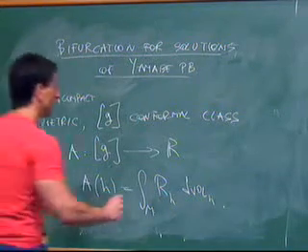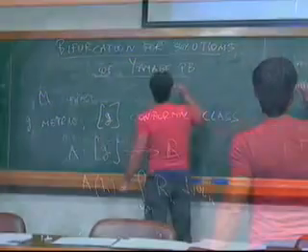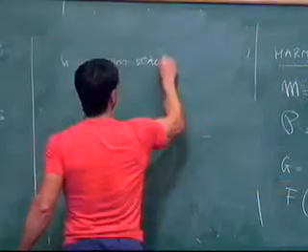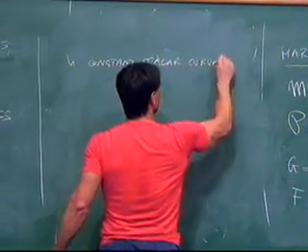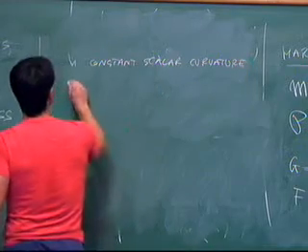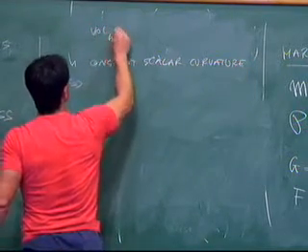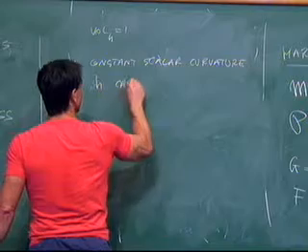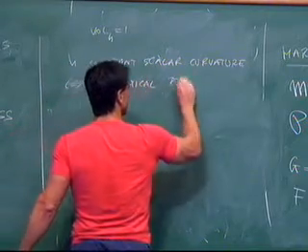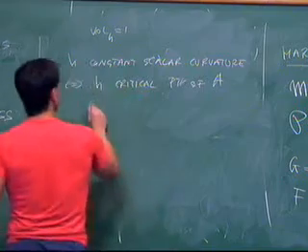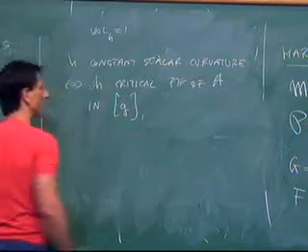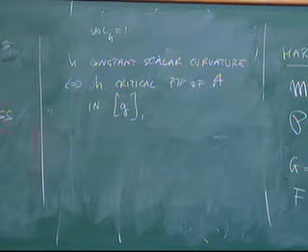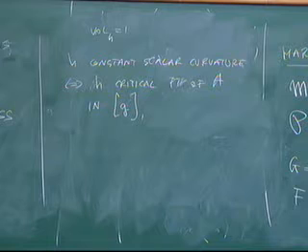So h has constant scalar curvature if and only if, supposing that the volume of h is equal to 1, h is a critical point of A in, let me call this the set of all metrics conformal to g having total volume 1.